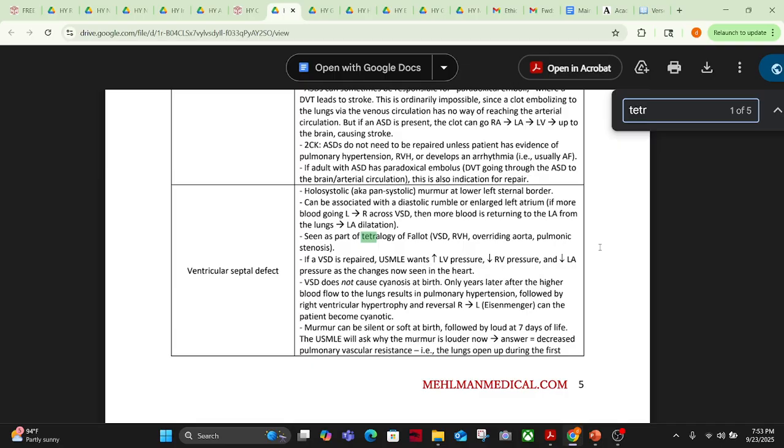And there will be decreased right ventricular pressure because the VSD is blocked. And if there's decreased right ventricular pressure, there is not enough blood going into the pulmonary artery or the left atrium. So you will also have left atrium pressure that is decreased.